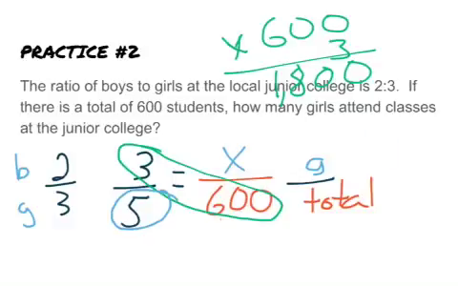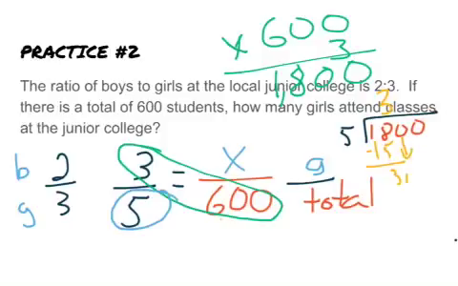So let me try to do that right here. 1,800 divided by 5. When we solve it, let's see, 5 goes into 18 3 times. 5 times 3 is 15. When I subtract, I get a remainder of 3. I'm going to bring down my 0. 5 goes into 30 6 times. 6 times 5 is 30.